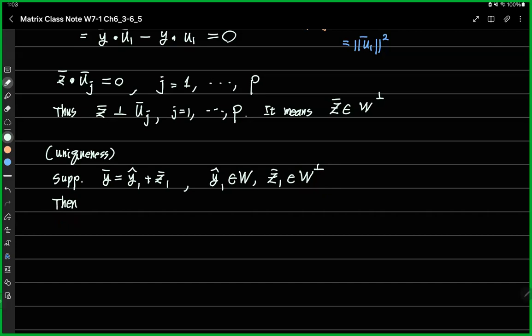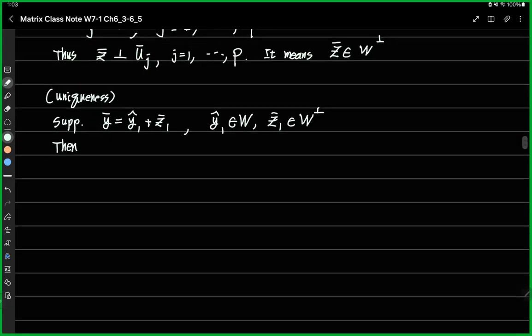Then we suppose that there are other vectors so that Y can be expressed as the sum of two vectors. Then what? We have to show some contradiction, or we need to get the result that Y hat 1 is equal to Y hat and Z1 is equal to Z. Okay, either one.